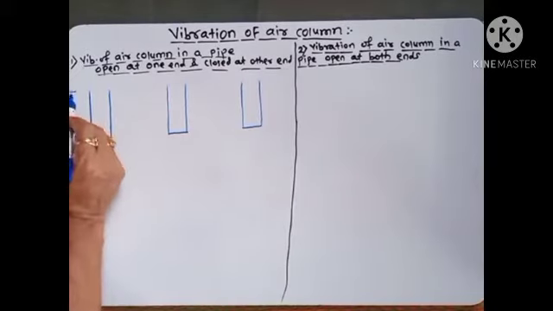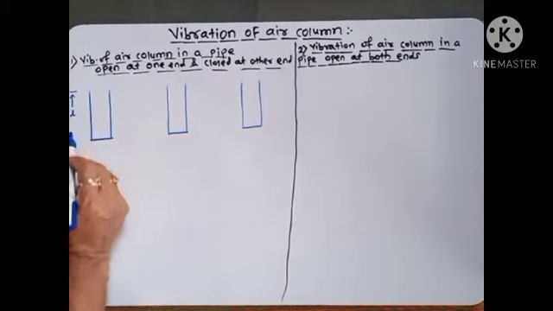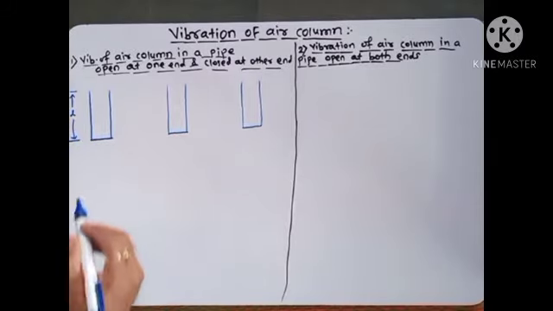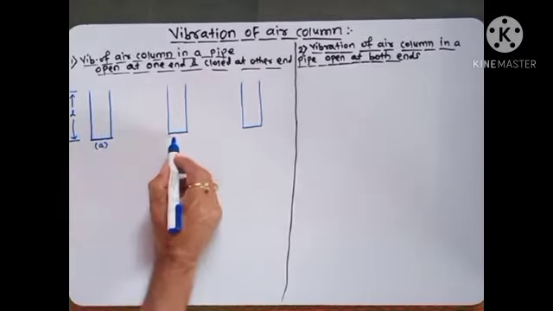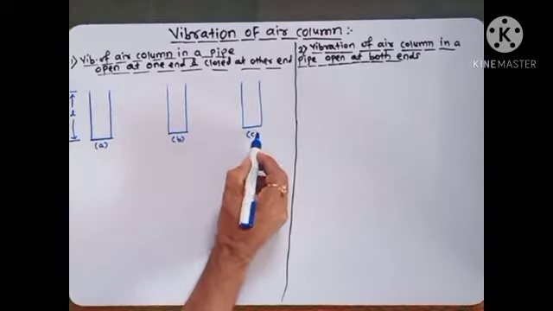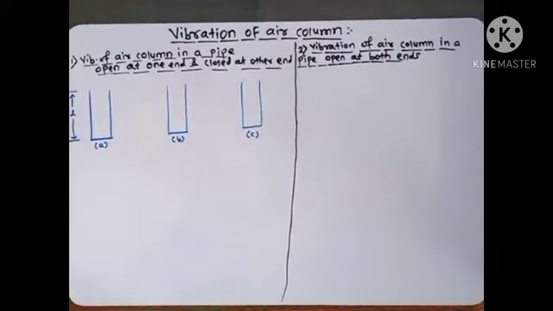Suppose small l, this is the length of the pipe. Suppose you consider this diagram A, B, C. Now we will see different modes of vibrations.